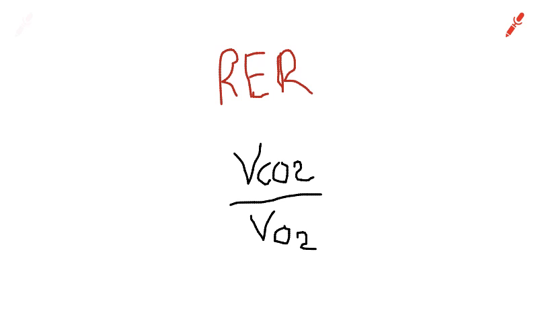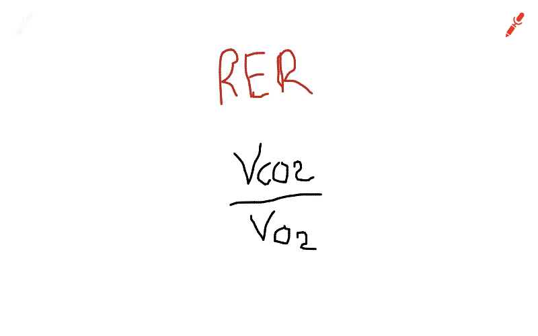The idea is that if you're exhaling more carbon dioxide than you have oxygen, you're ventilating much faster than you're inhaling oxygen. So if you have a high VCO2, most likely you're doing very strenuous exercise. So this is VCO2 over VO2.